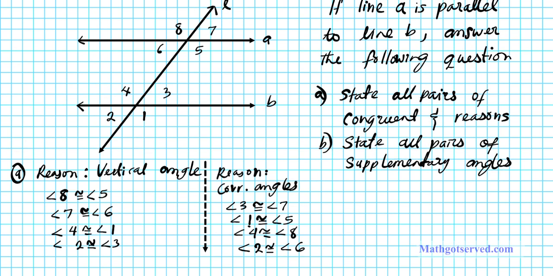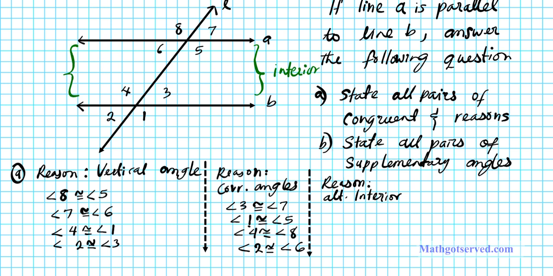The next reason that we're going to use to establish congruent pairs is alternate interior angles. If you think about interior, this region right here, this entire space between the two parallel lines, is the interior.